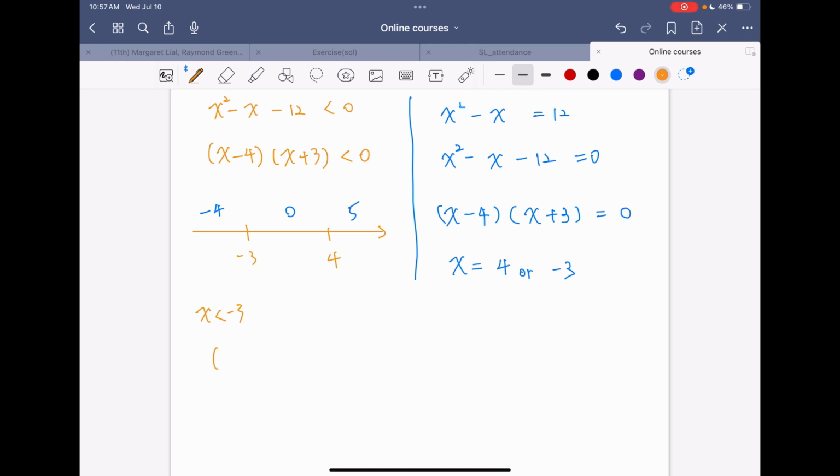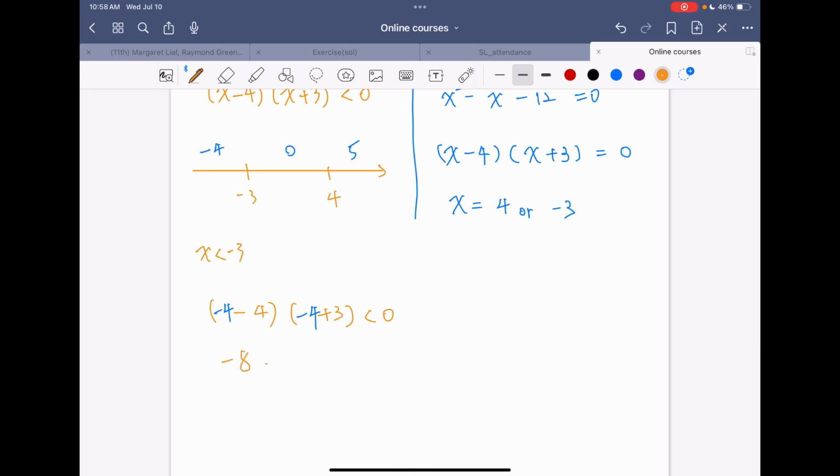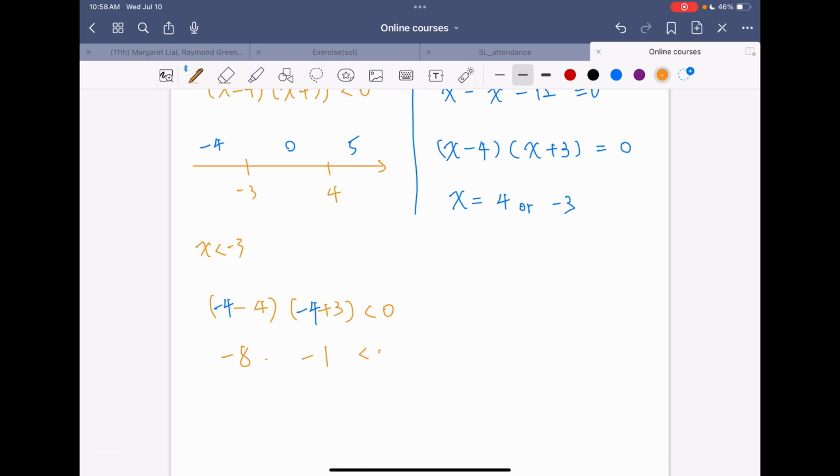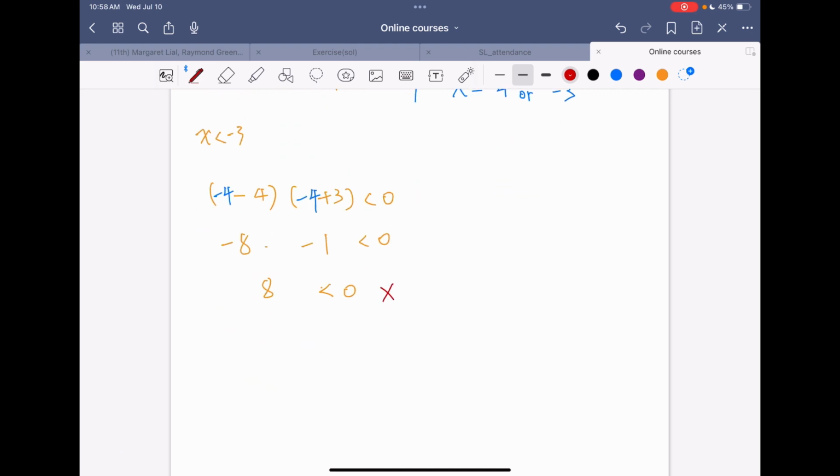We're using this formula: minus 4 minus 4, and x plus 3, with minus 4 substituted. Then we get minus 8 times minus 1, and for this we get 8, which is less than 0, which is not valid, because 8 could never be less than 0.